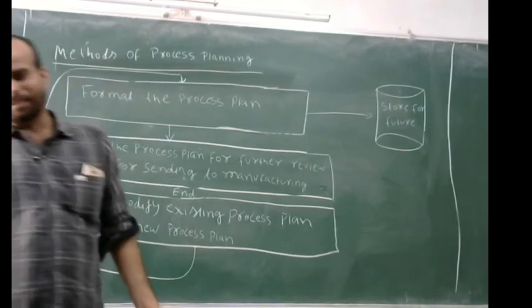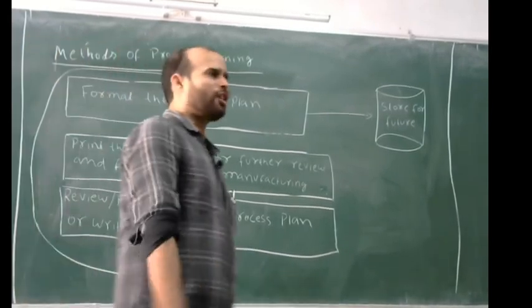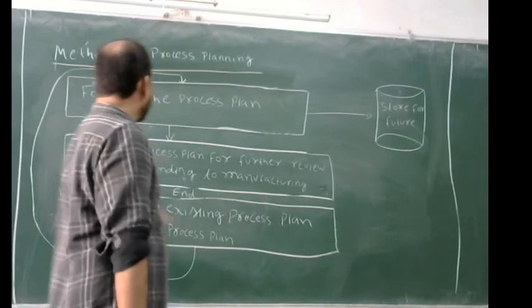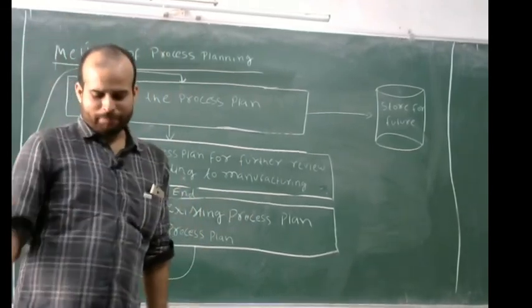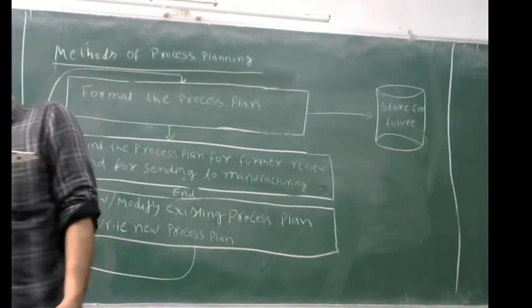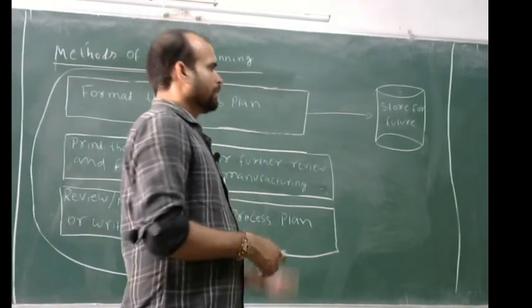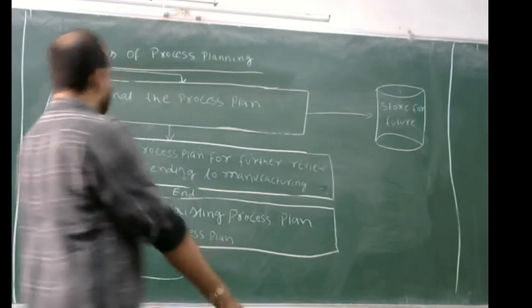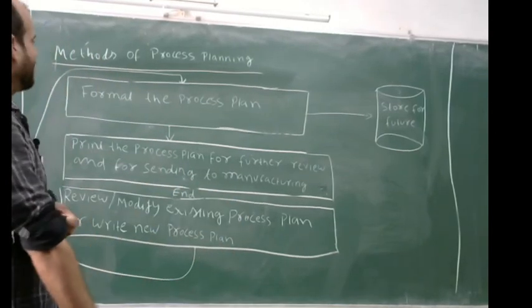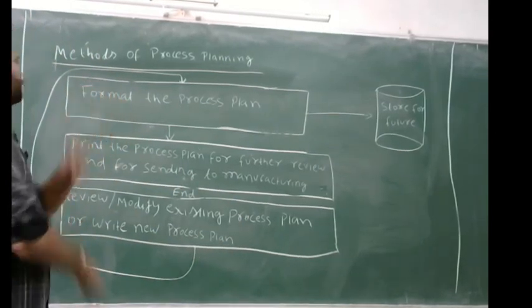Further review means maybe there is modification or not, but we have to print it out in case some management officer, some engineer, industrial engineer or production engineer raises a hand for the review of the process plan.